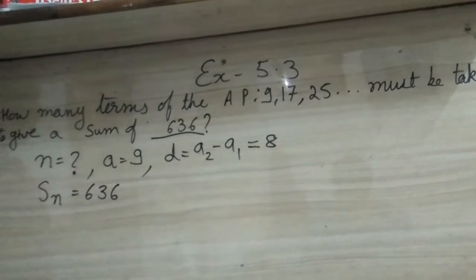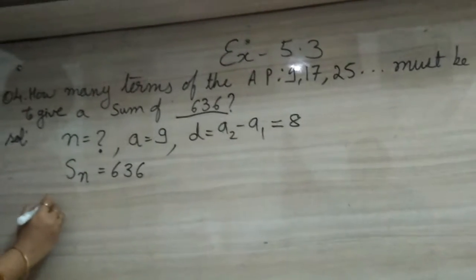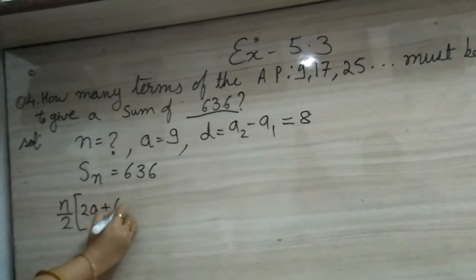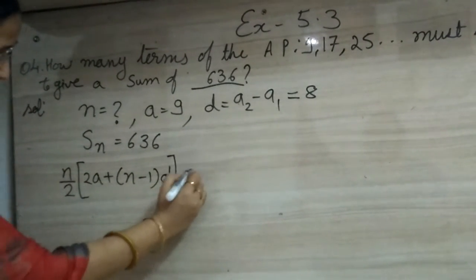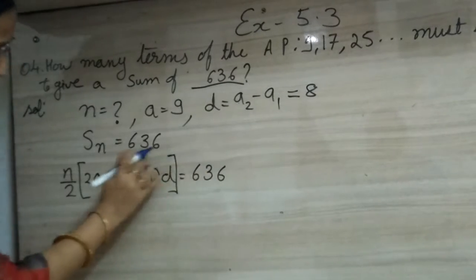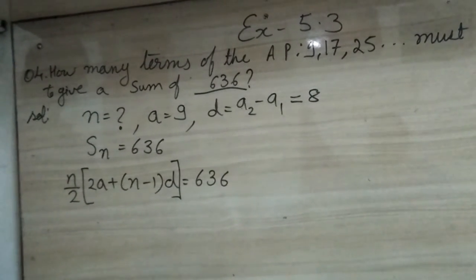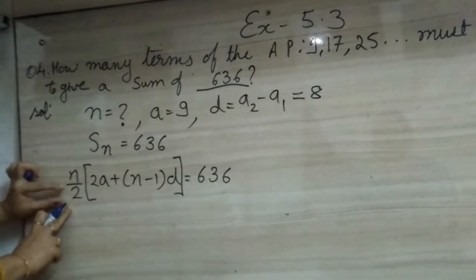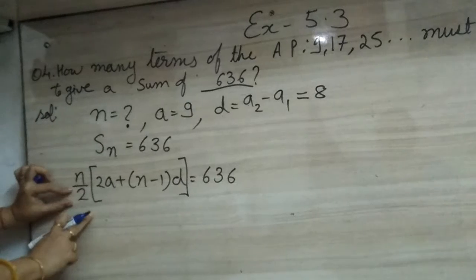So here we will write the formula of Sn. You know the formula of Sn is n upon 2 into bracket 2a plus (n minus 1)d, is equal to what they have given. Now we will put the values. Watch carefully here: n by 2, and the square bracket means the whole thing is in multiplication.